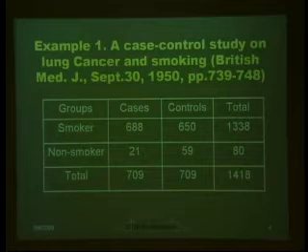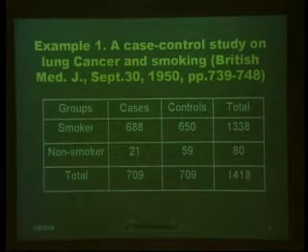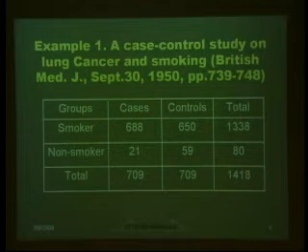Okay, so the first example I would like to talk about is a case control study. It's quite popularly used in medical research, basically quite efficient in recruiting patients. This is data collected quite a long time ago about lung cancer and smoking. You get the case group and the control group, and then smokers and non-smokers.